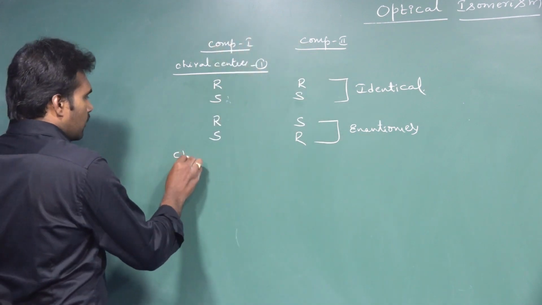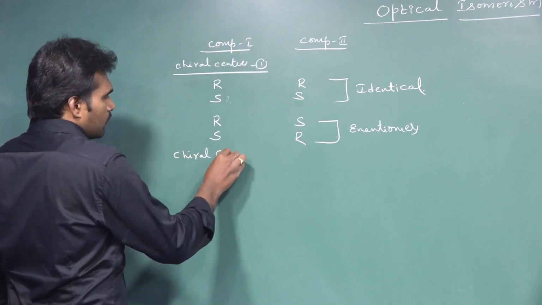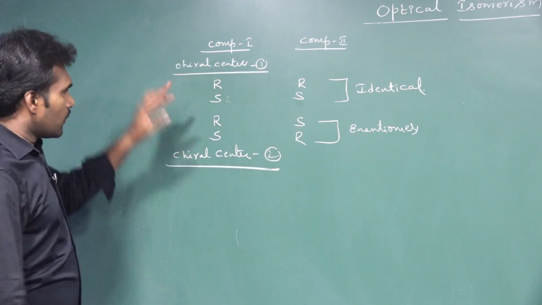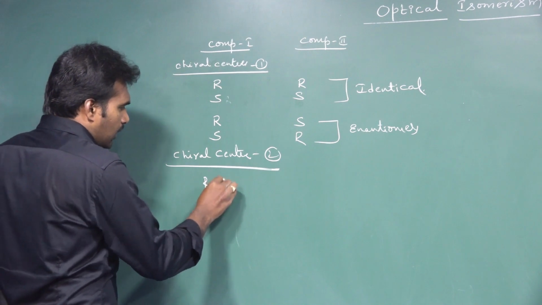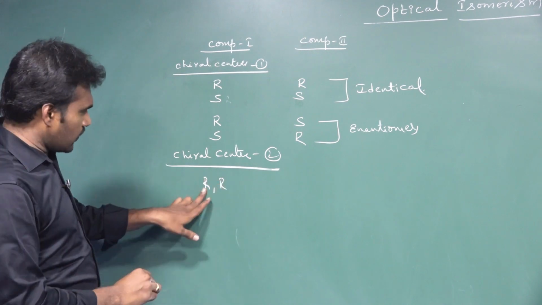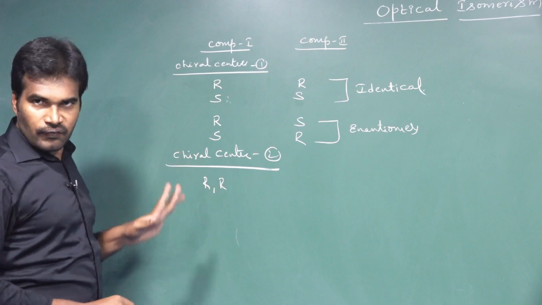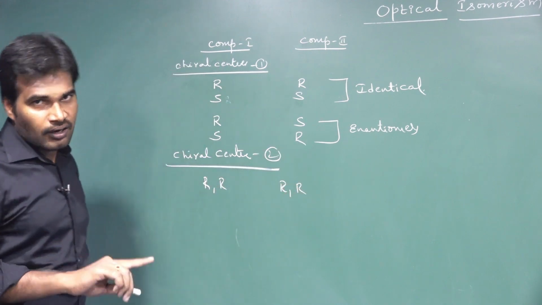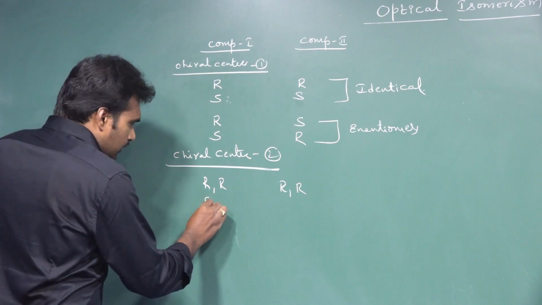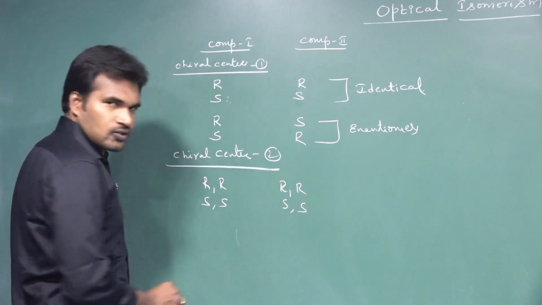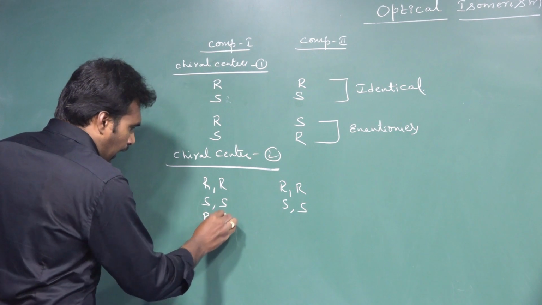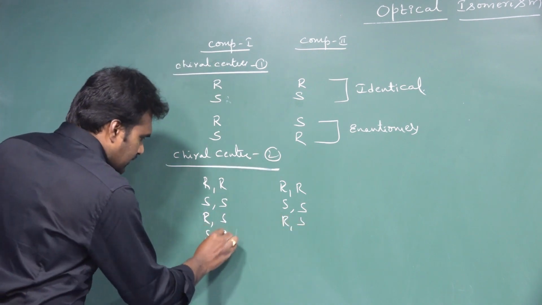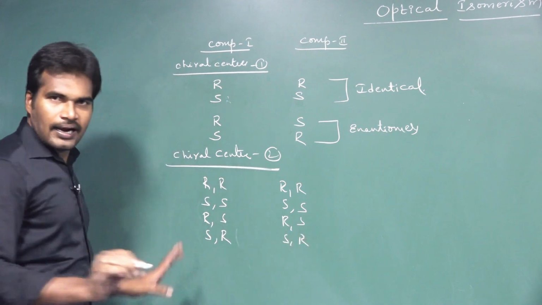Now take two chiral centers. The number of chiral centers is 2. The first compound has R configuration at the second carbon and the third carbon, and the second compound also has R, R. Then we call them identical. SS, SS identical; RS, RS identical; SR, SR identical.